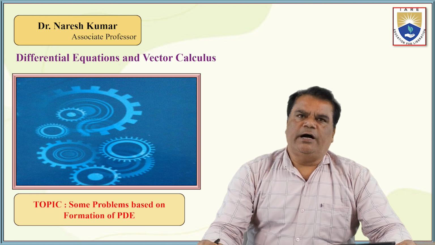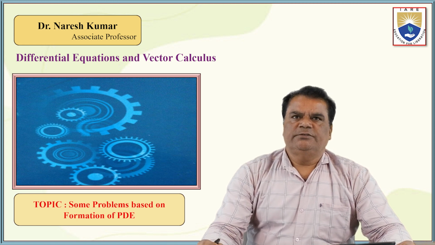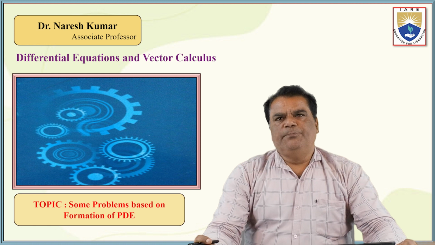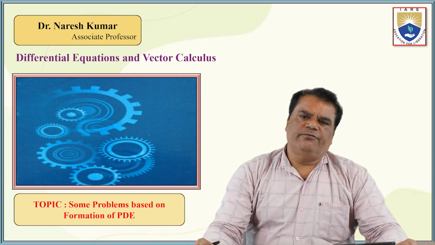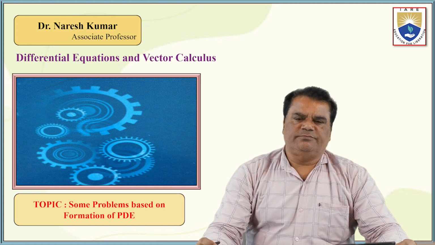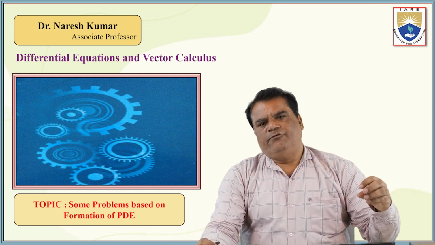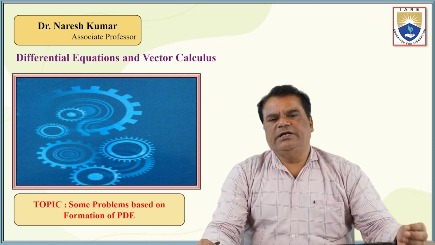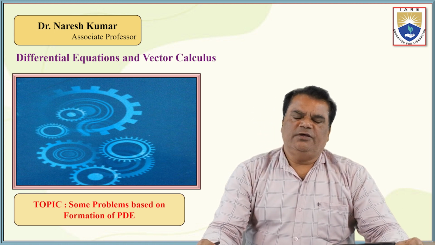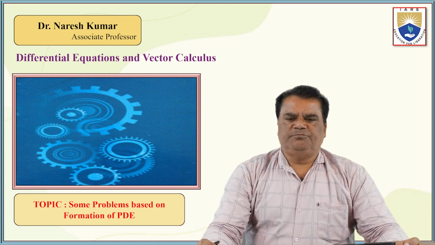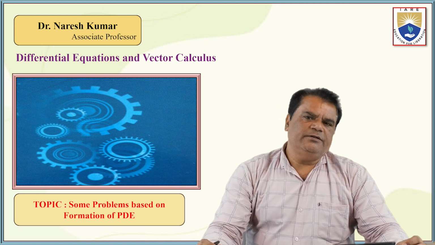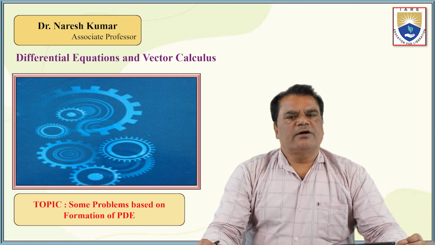Today, I want to discuss some problems based on formation of partial differential equation. How we can form a partial differential equation if a relation is given in our question. In our question, there may be constants.